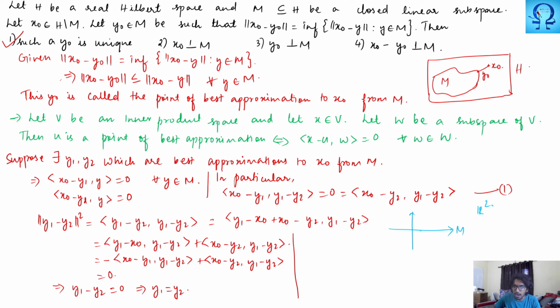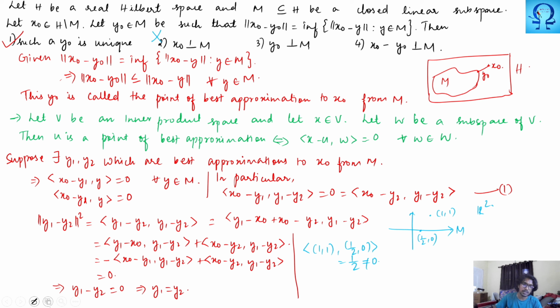I am arbitrarily choosing some point from this M, that is half comma 0, and some point which is in H minus M, that is R2 minus M. If I take the inner product of these two things, which is simply half, that is not equal to 0, hence the point x0 is not perpendicular to my subspace M. So option 2 is false.